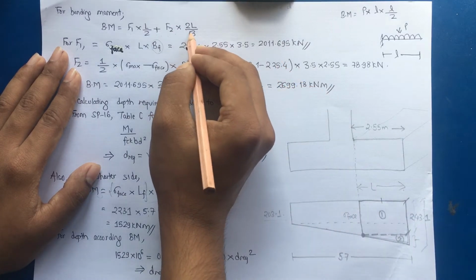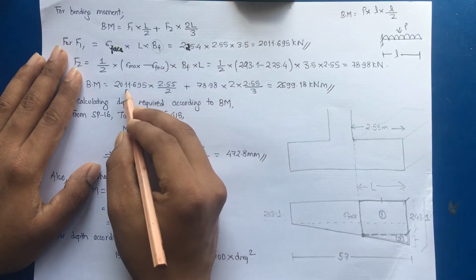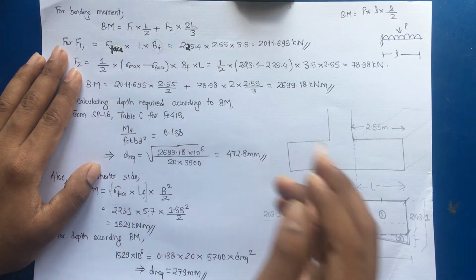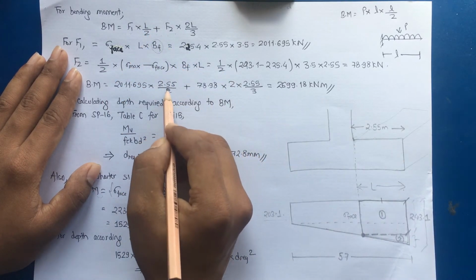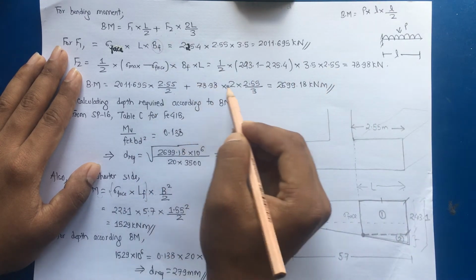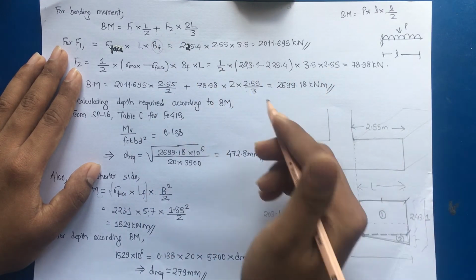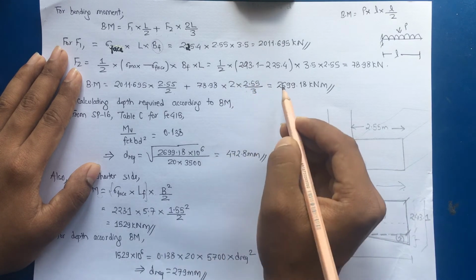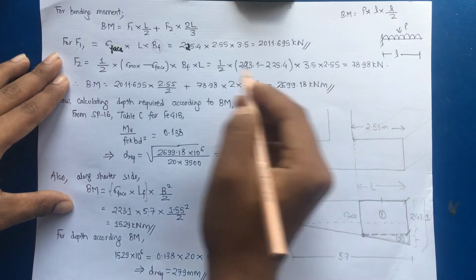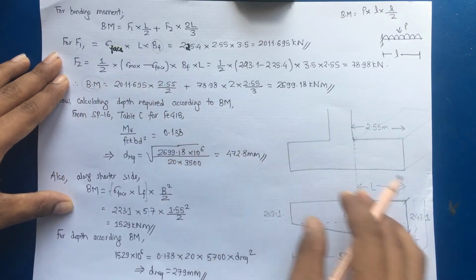Now substitute the values: 2011.695 as F1, into L which is 2.55 divided by 2, plus F2 which is 78.98 into 2 into L which is 2.55 divided by 3. So this comes as 2699.18 kilonewton meter. So this is the bending moment along the longer side.